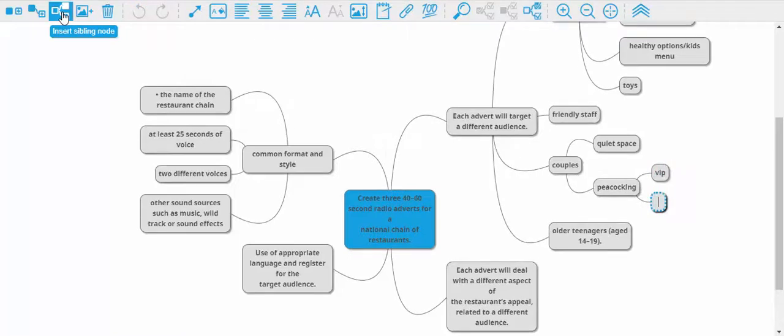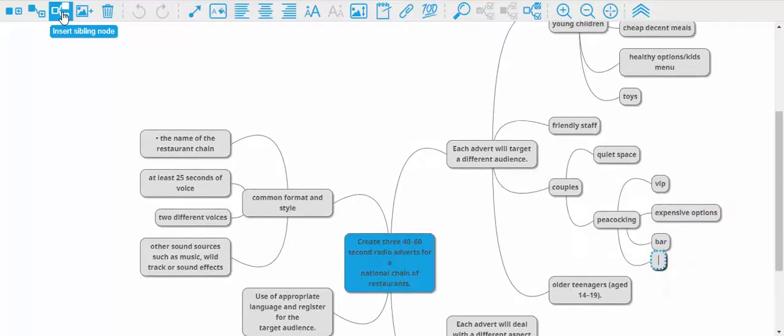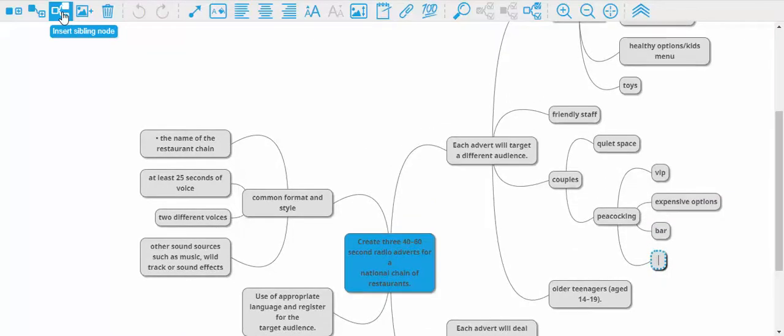So VIP menus, expensive options, a bar, possibly meals to share. Okay, and in that quiet space, let's just say atmosphere.